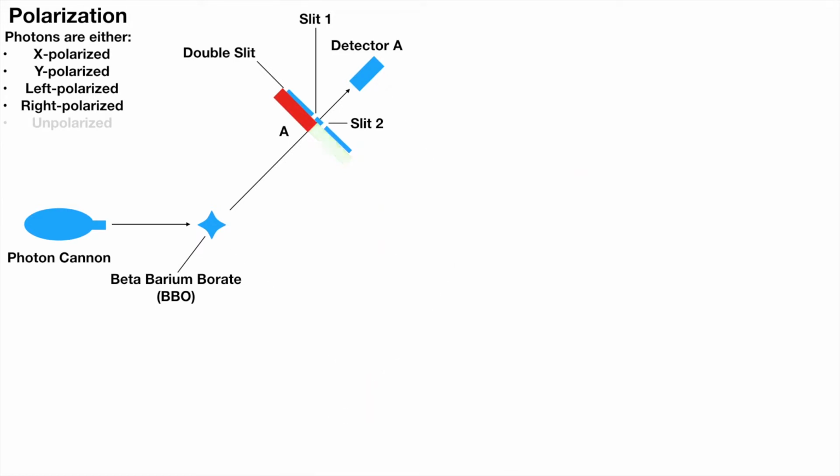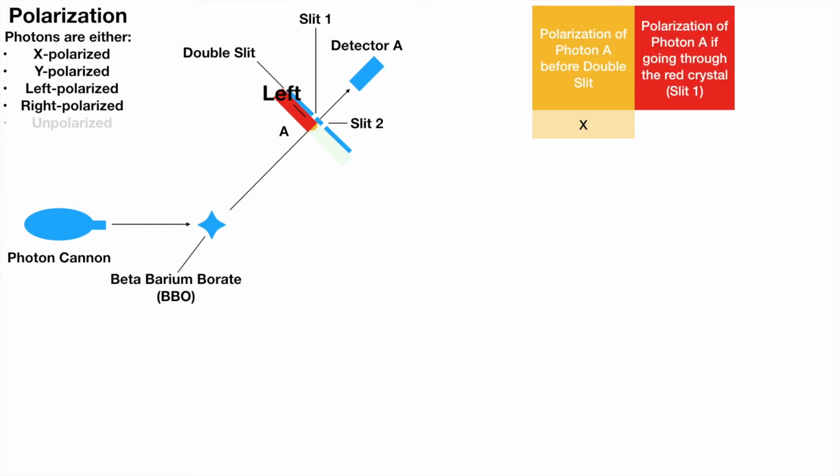Let's say an incoming photon is X polarized and randomly goes through the red crystal. The red crystal is set up in a certain way so that it changes the X polarized photon to a left polarized one. So again, an X polarized photon going through the red crystal is going to be left polarized when it arrives at the detector.